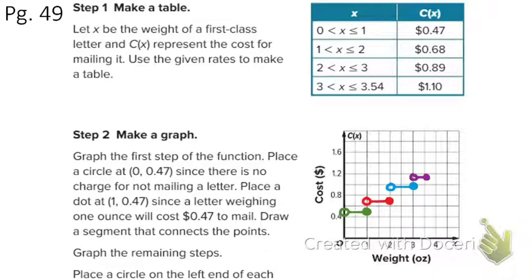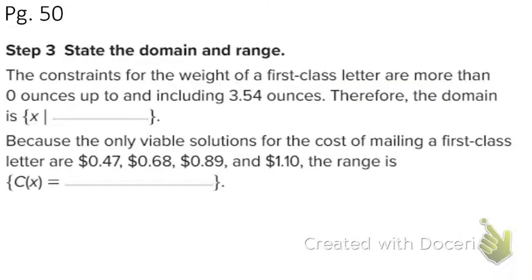Okay. So let's talk about the domain and range. Your domain is going to be from 0 all the way up to 3.54. We're going to do this in interval notation instead of set-builder.